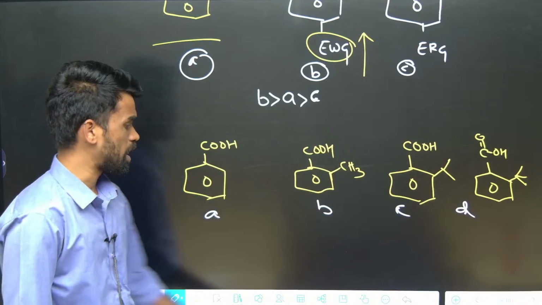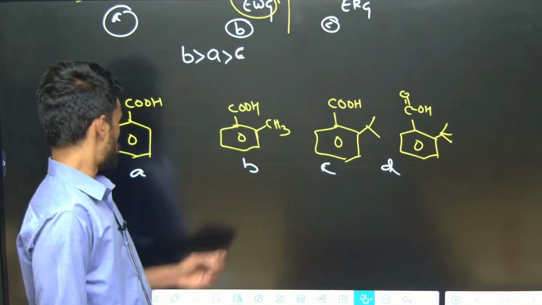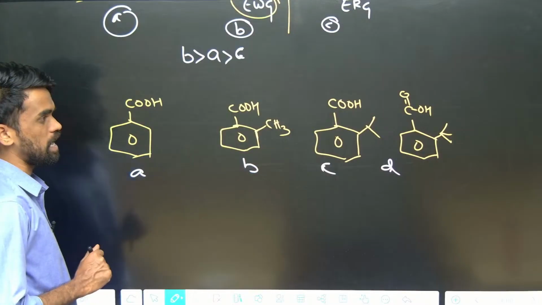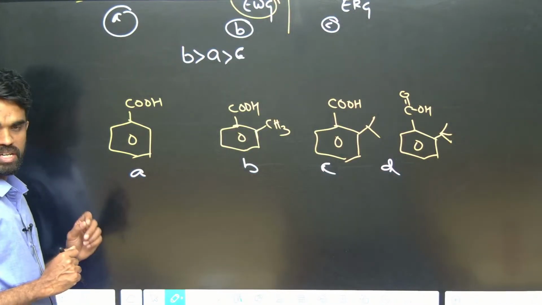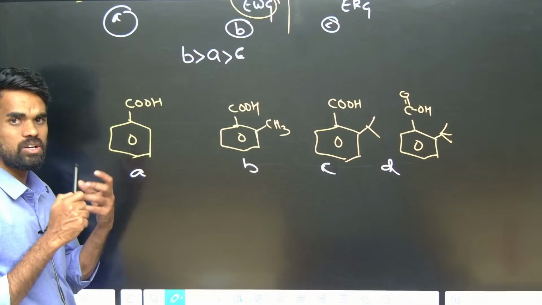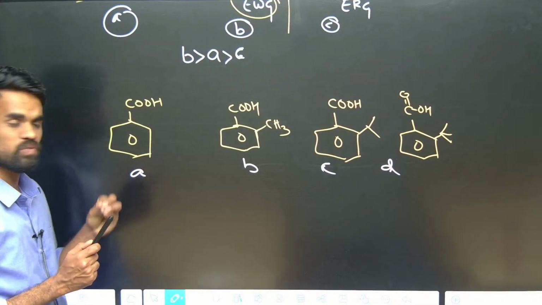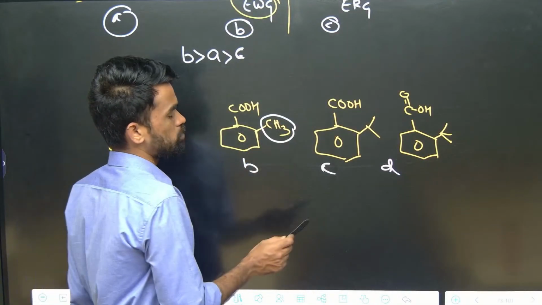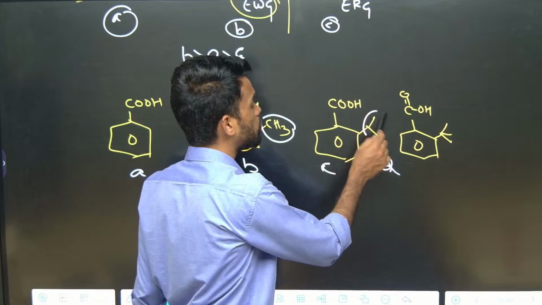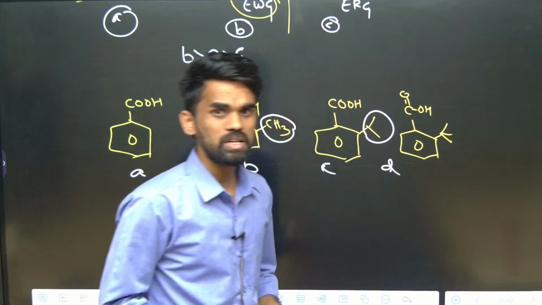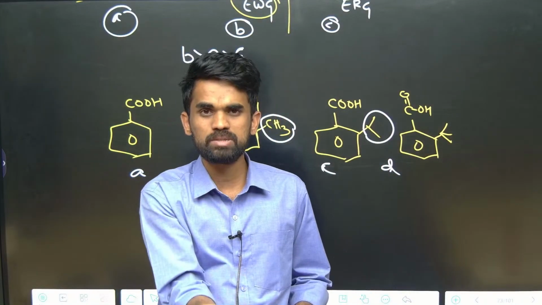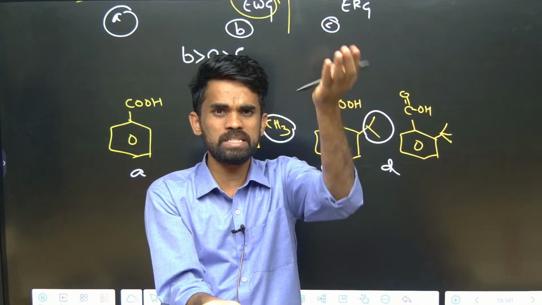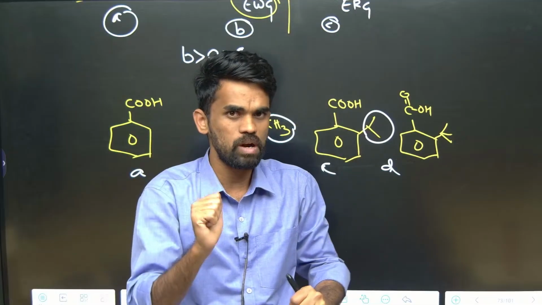Always remember, in the case of aromatic carboxylic acids, the group on the benzene ring can be electron releasing or electron withdrawing. Normally, as we have studied, if an electron withdrawing group is present, acidic nature increases, whereas if an electron releasing group is present, acidic nature decreases.